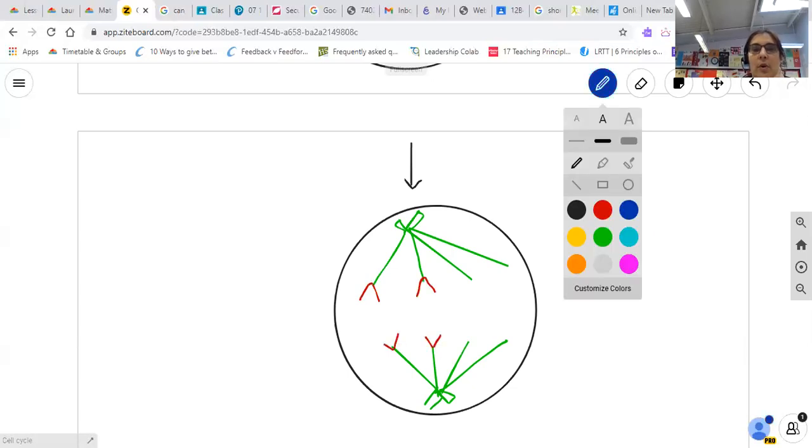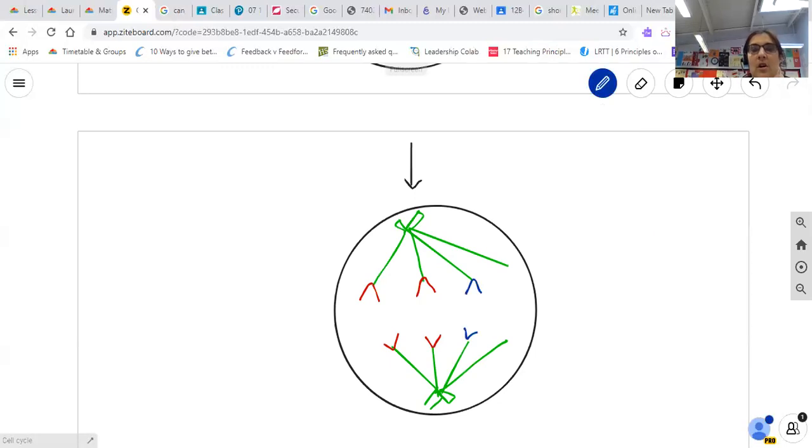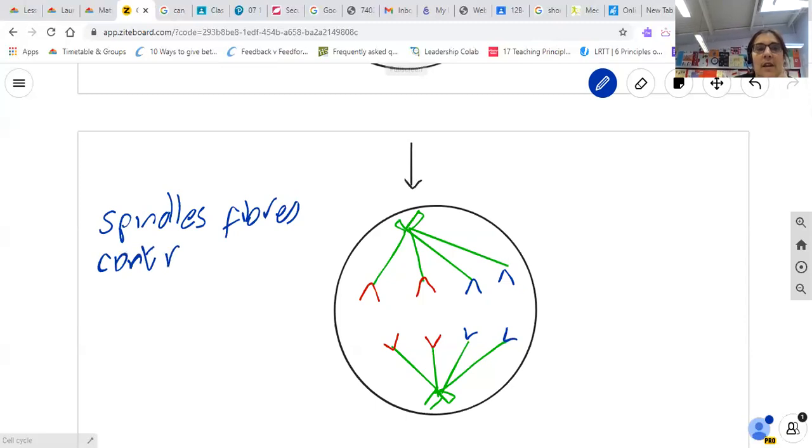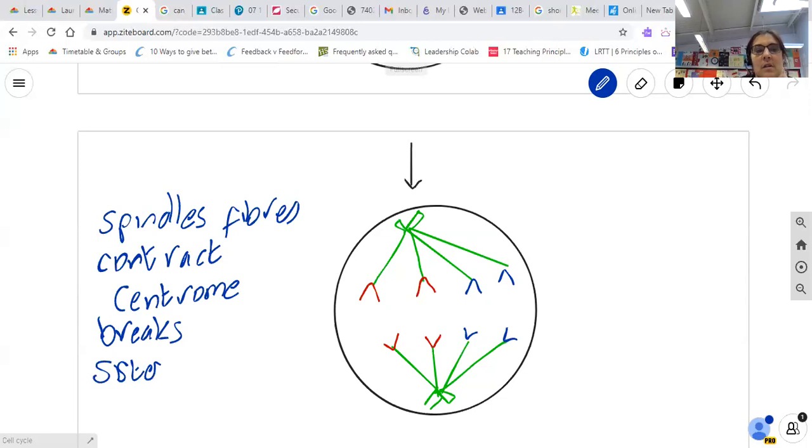And when the spindle's broken, it's because the spindle fibers have contracted. And when they contract, they break apart the sister chromatids, breaking the centromere and pulling the sister chromatids to opposite poles. So we describe it as the spindle fibers contract, the centromere breaks, and the sister chromatids are pulled to opposite poles.